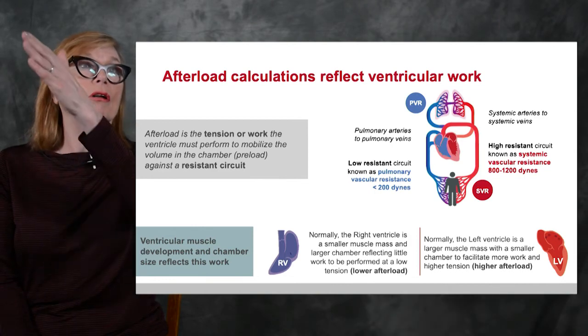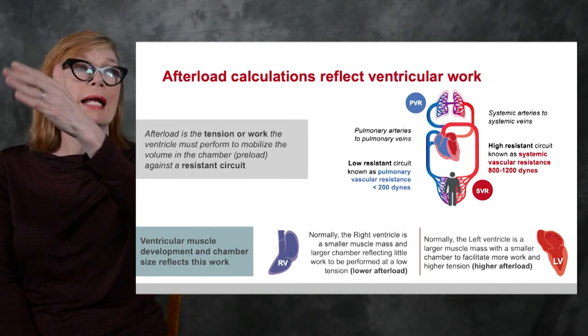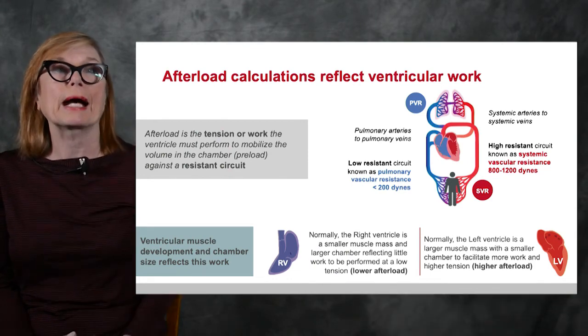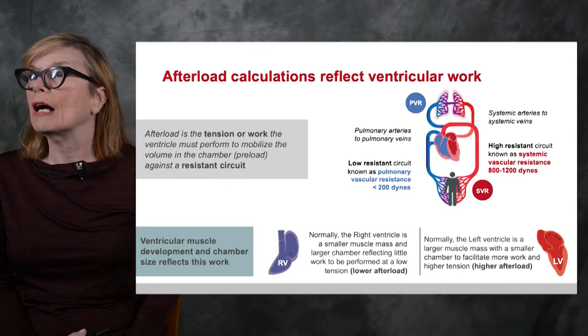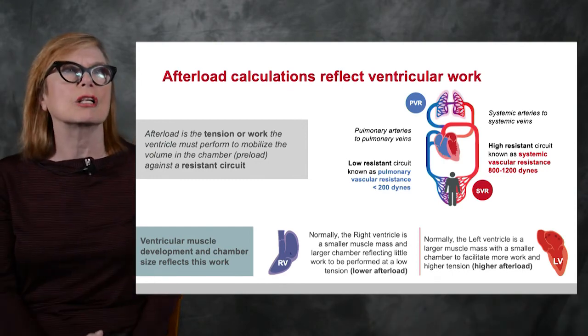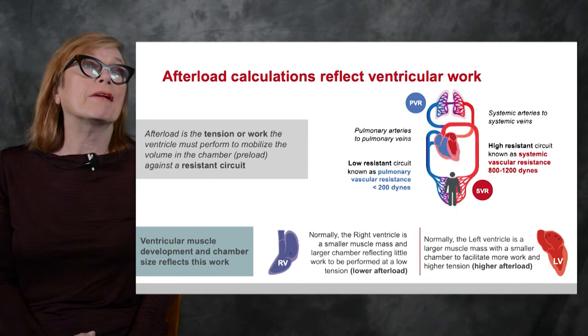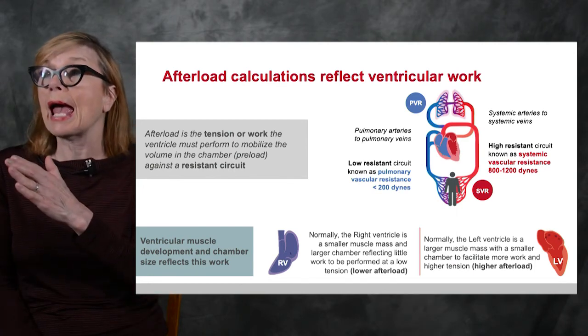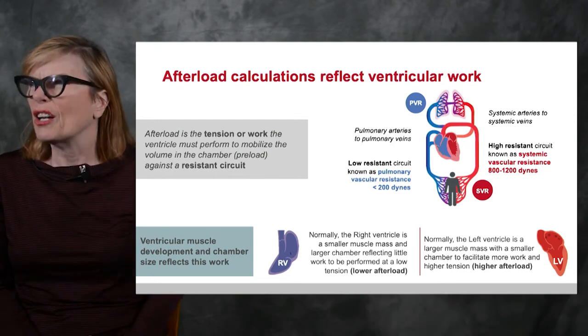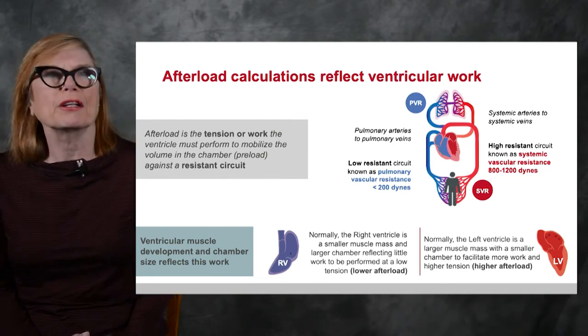So for the left ventricle, MAP, mean pressure at the beginning, to CVP, pressure at the end, divided by cardiac output. That gives us a calculation called systemic vascular resistance. It's a pure calculation. And for the right heart, it's from the mean PA to the wedge pressure divided by the cardiac output. So we get a very low resistance calculation.